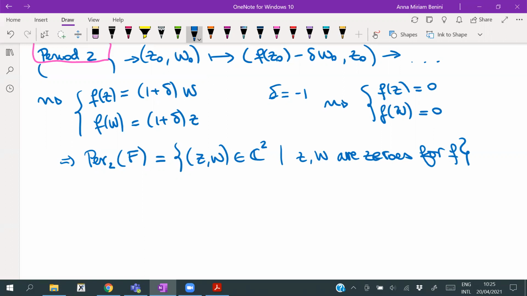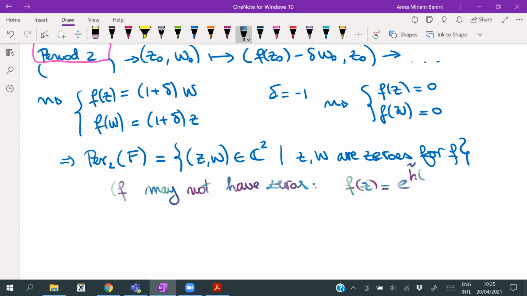Let me recall that f may not have zeros if, this time truly f, is of the form e to the sum entire function. So in this specific case, it will not have periodic points of period 2. What happens in the other case, in which delta is different from -1?